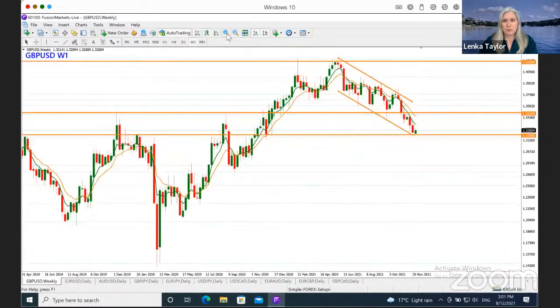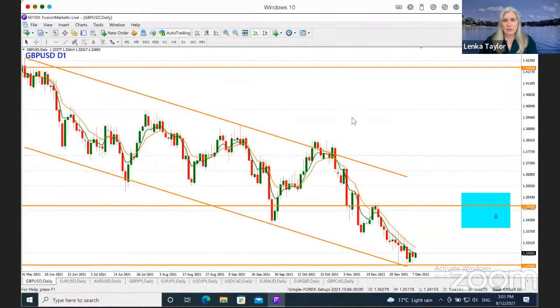There is a potential reversal around that area, but if it does come to the top 1.35, then I'll look to short because it's still in that downward trend and channel. So on the daily, for the entry, I would be looking for the price to come up into this entry zone. So that's my entry zone there. And if it's around that area, then I would be looking to short.